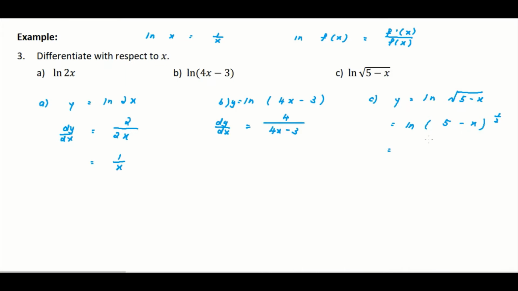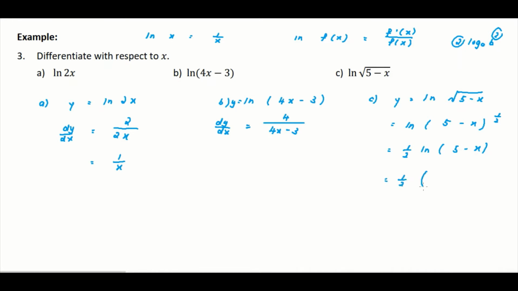The other easier way, if you can recall, is that with log of a^b, the power can be moved to the front. So I can move the 1 over 2 in front and treat it as a constant multiple, leaving natural log of 5 minus x, which uses the easier formula.